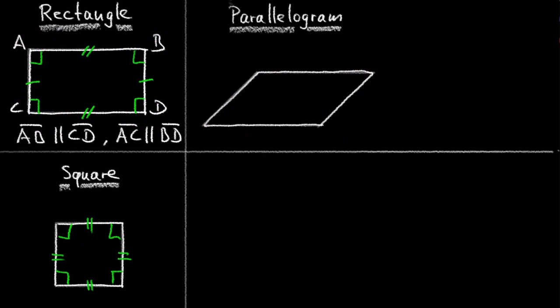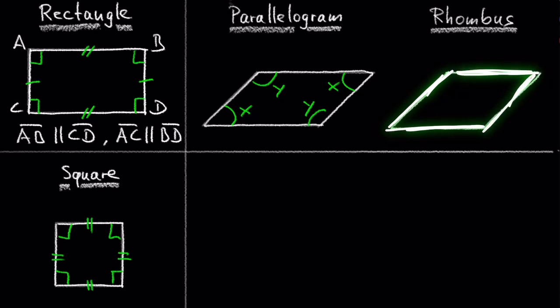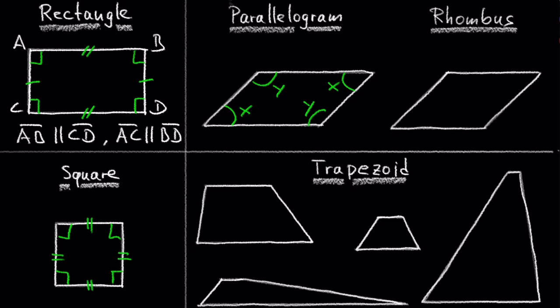Its opposite angles, in other words, the angles diagonally across from each other, have the same measure. And a parallelogram with four sides of equal length is called a rhombus.